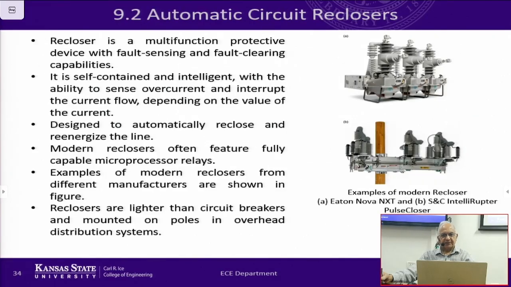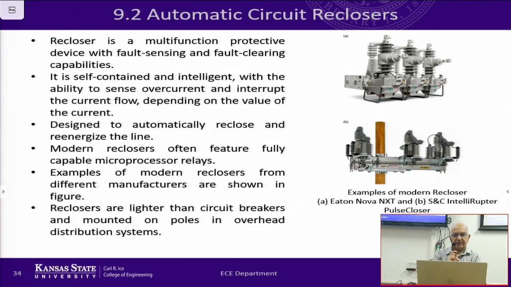So they will have to replace that. Now these are two pictures of reclosers, made by two different companies. And as I said, the recloser is a multifunction protective device with fault sensing and fault clearing capabilities.